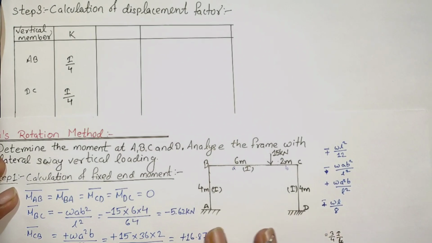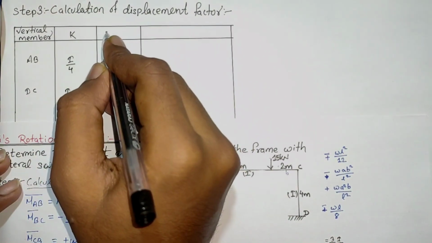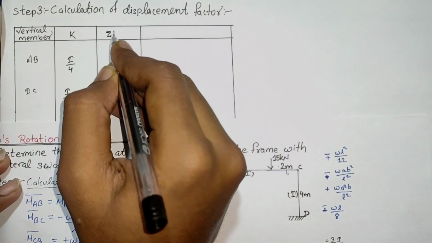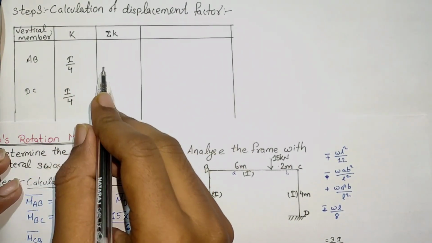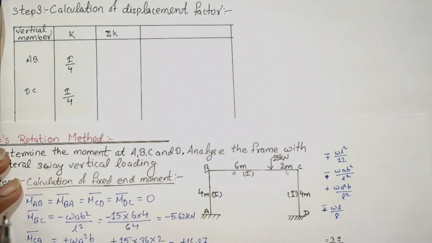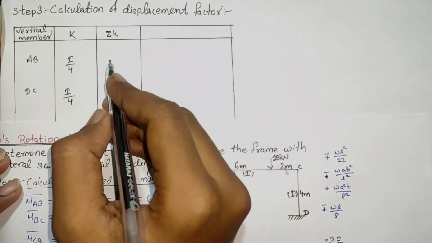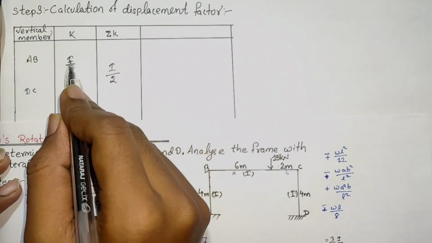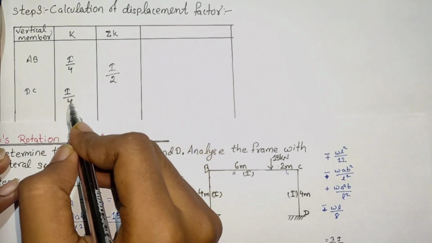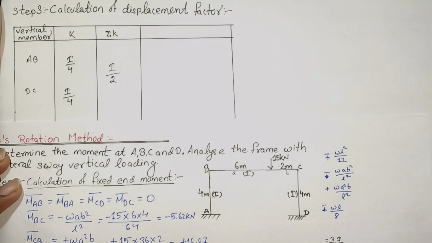Now we need to calculate the summation K, and for that we add these two values. On adding, I by 4 plus I by 4 gives 2 by 4, and dividing 4 by 2, it will be I upon 2.